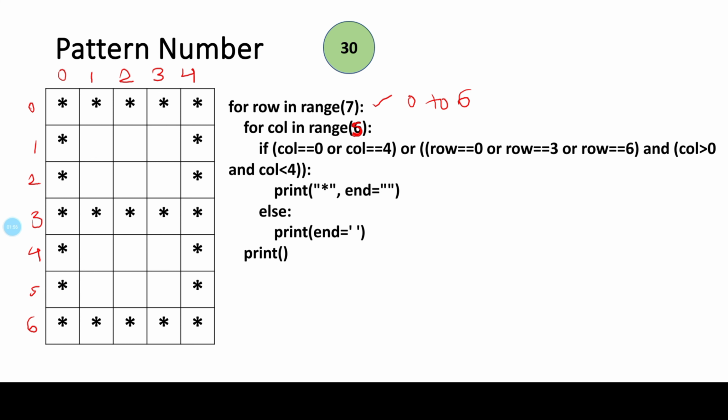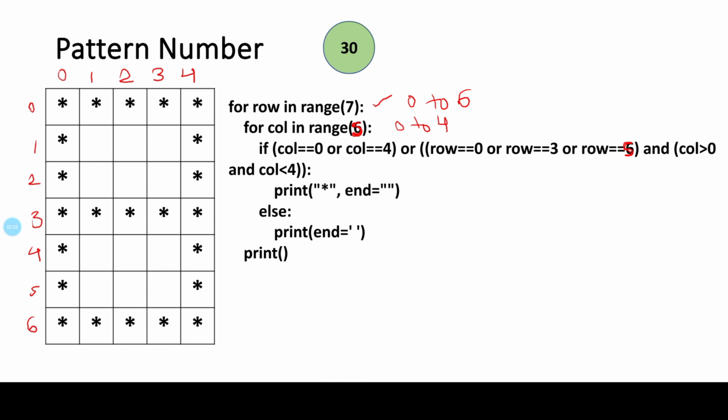And here also I think this is a correction: you can see that this is from 0 to 4, which is 5 numbers. So the columns are 5 in number and the rows are 7 in number. Similarly, we have taken 2 nested for loops for the table format, right?